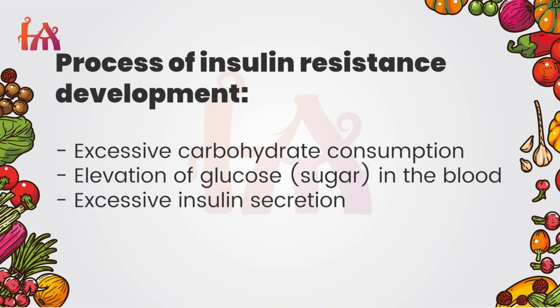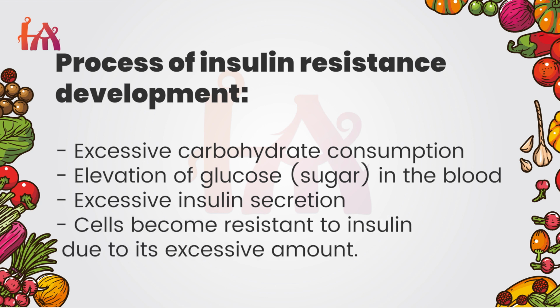However, when food is consumed frequently and blood insulin levels remain constantly high, cells can become less sensitive to the action of insulin. This means that higher levels of insulin will be needed for glucose to enter the cells. Over time, this continuous exposure to elevated insulin levels can lead to the development of insulin resistance.